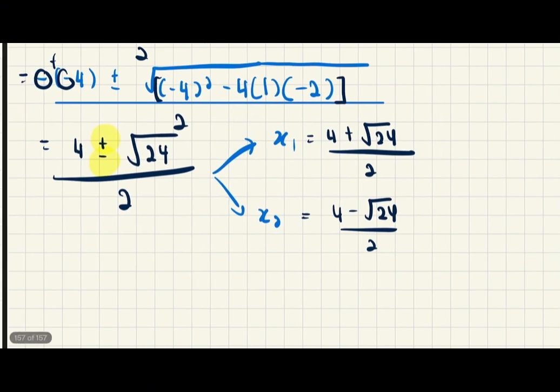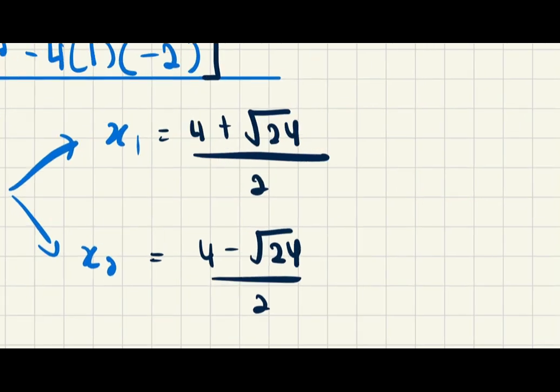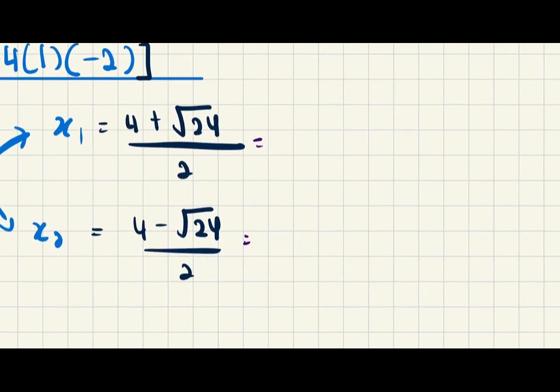So straight away calculate that and then round it off to 4 significant figures. So you will get here 4.449, and then here you get negative 0.449. Okay, is it? Wait, hold on, let me get it back, sorry.